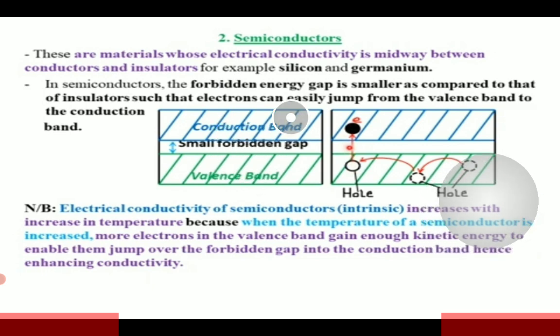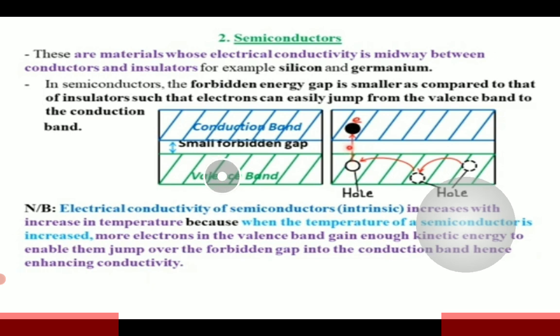That's why semiconductors allow some current to flow through them. Why? Because this gap, the forbidden gap, is smaller compared to that of insulators.